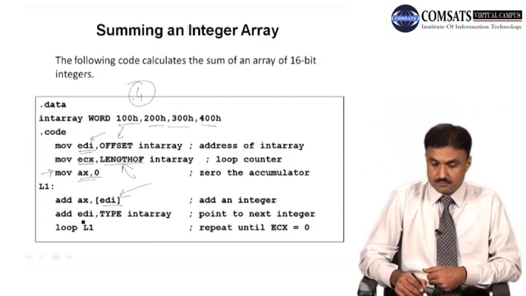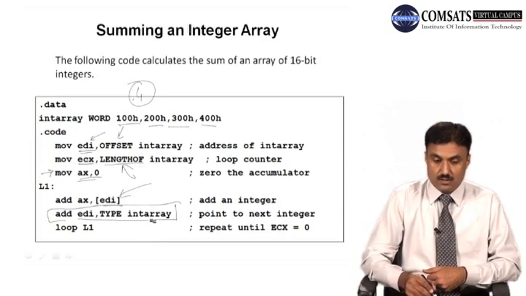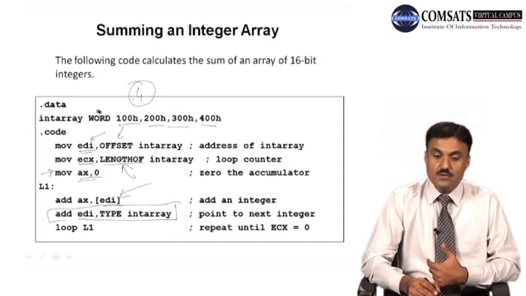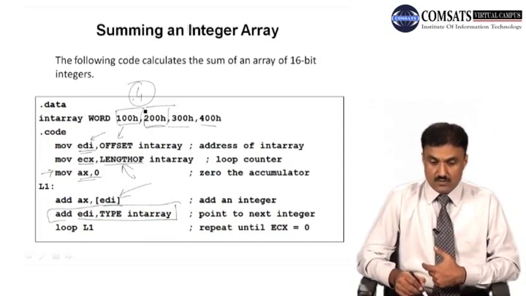Now we add the type of the integer array. What is the value we are going to add? We add 2 because each value occupies 2 bytes, and then we move to the next element.